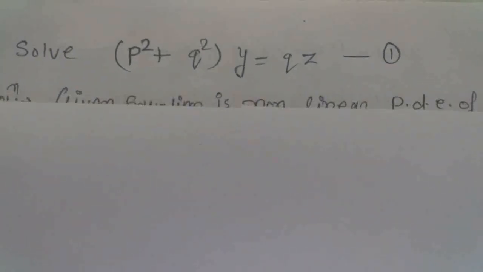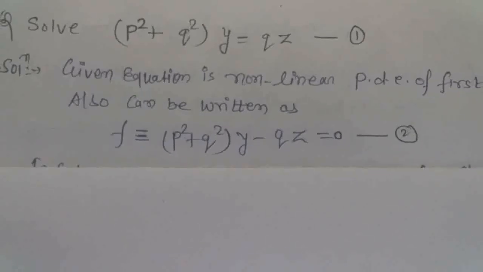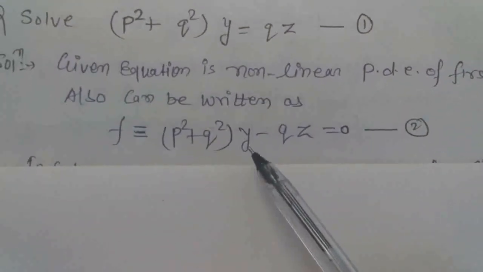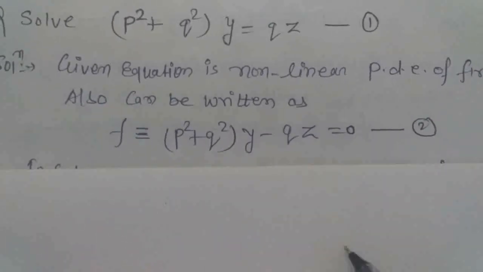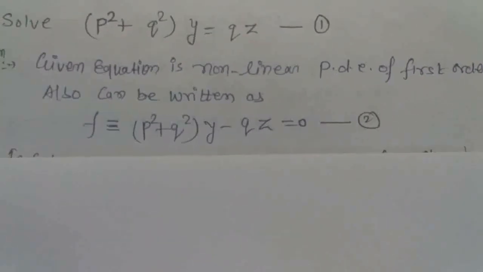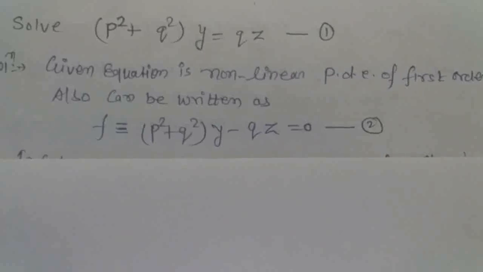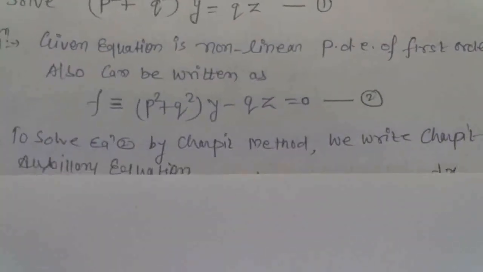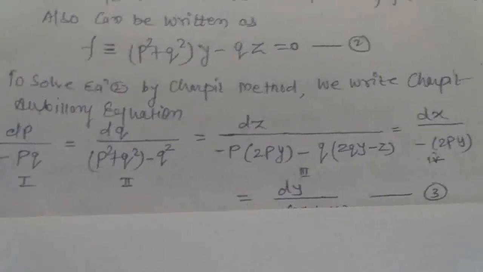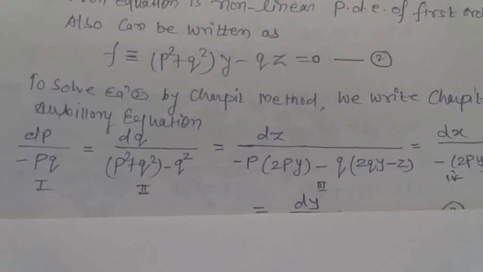We write the given equation as function f equal to p square plus q square y minus qz equal to 0. Now we write the Charpit auxiliary equation corresponding to equation 2. So the Charpit auxiliary equation is dp upon del f by del x plus p del f by del z.